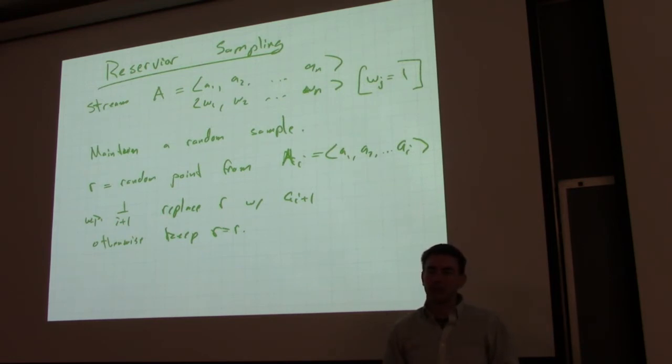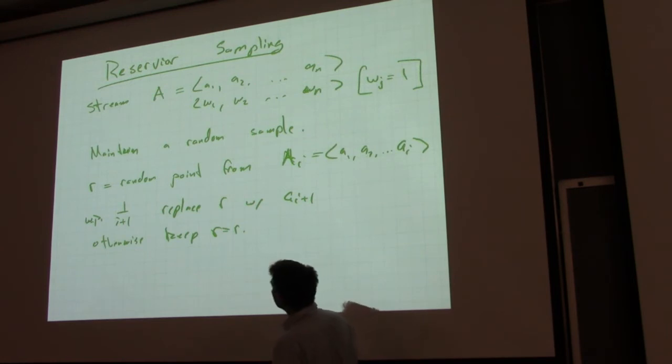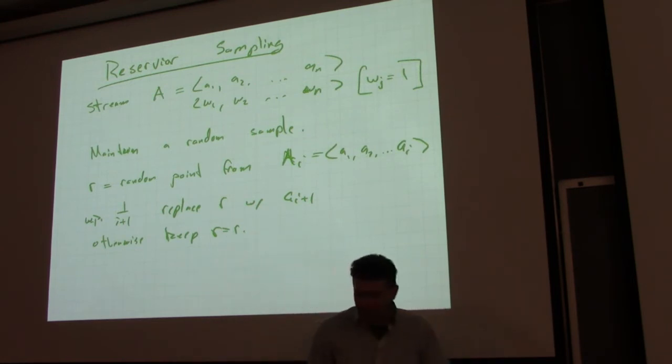So you said that at i equals 2, with probability 1/3 you're going to replace it with A4? I didn't plan this very well, but think of this as step i plus 1.